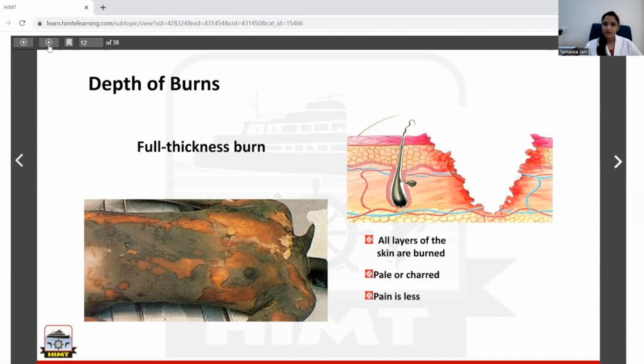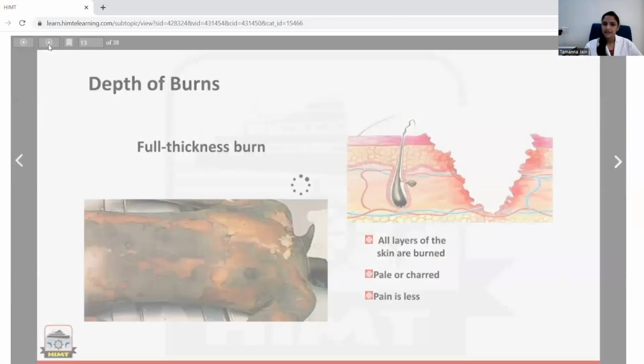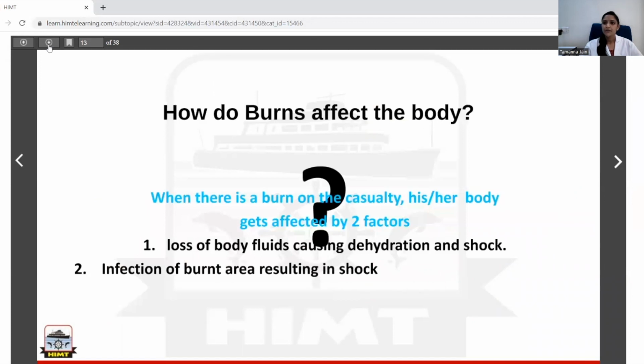But what is very important in a third degree burn is you have to understand 2 important complications. First one, I think I have already mentioned, is called dehydration. Loss of body fluids causing dehydration. If we don't correct it immediately, the next stage would be called shock. What is shock?